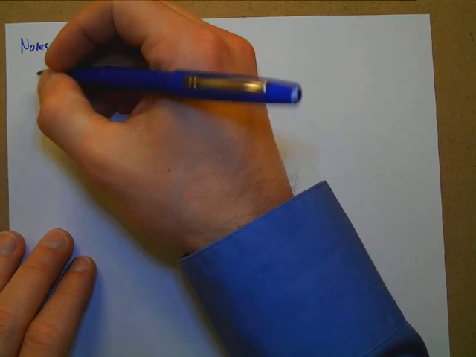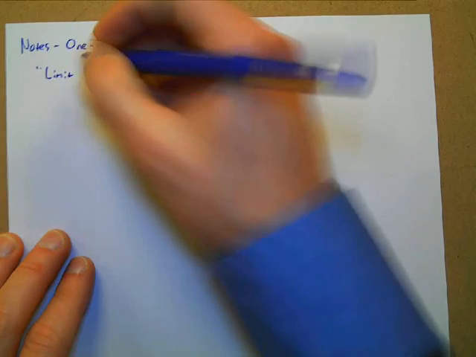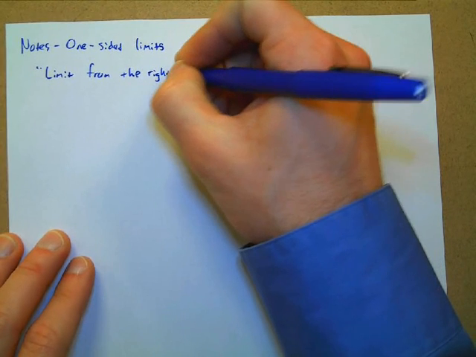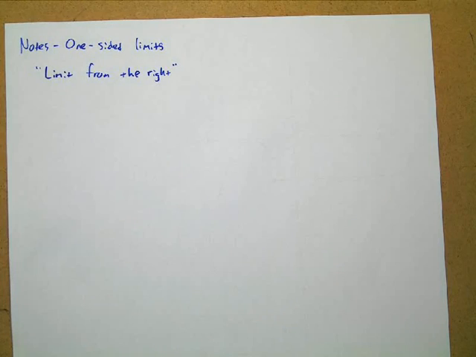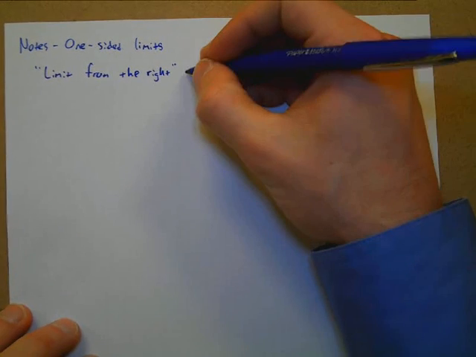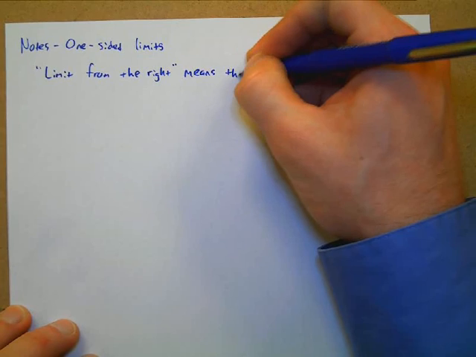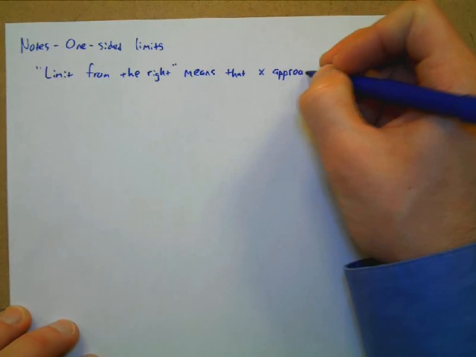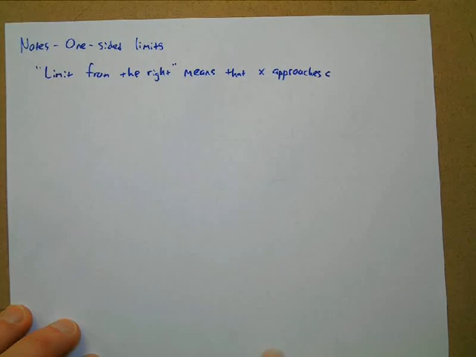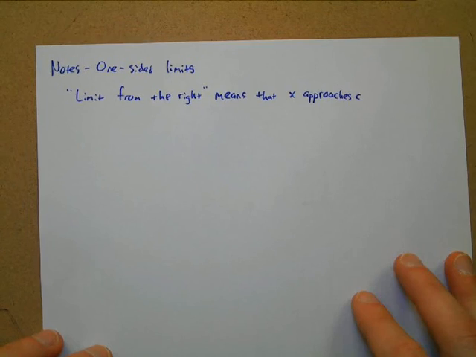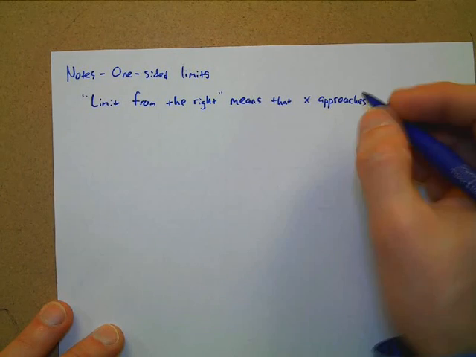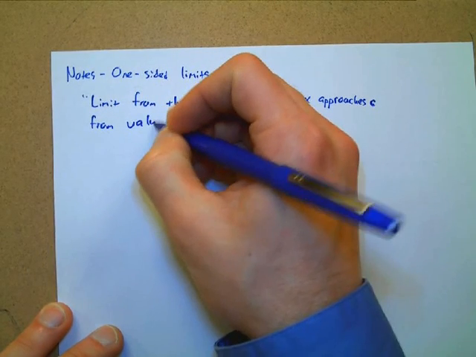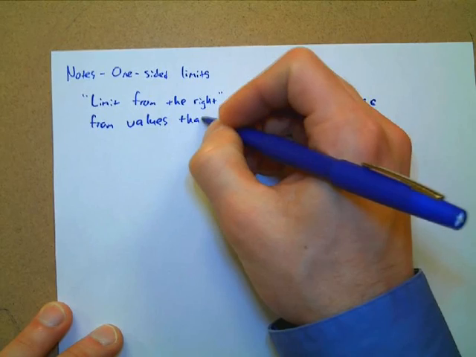So, when we say something like limit from the right, that means that x approaches c from values that are greater than c.